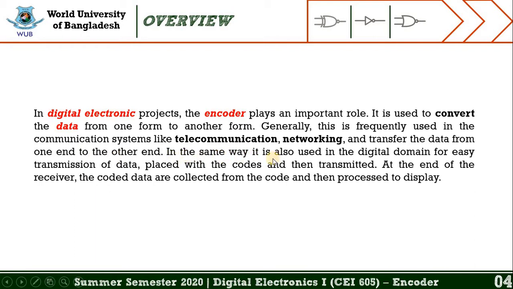In the same way, it is also used in the digital domain for easy transmission of data, replaced with codes and then transmitted. At the end of the receiver, the coded data are collected from the code and then processed to display.